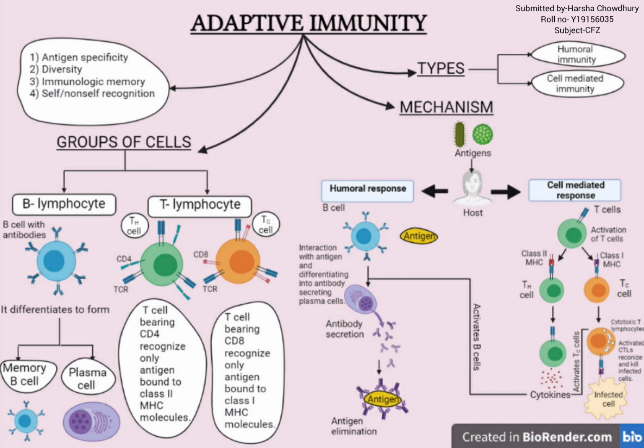On the other hand, the plasma cells produce a large number of antibodies which are released free into the circulatory system. Now these antibodies will encounter antigens and bind with them and thus kill them. And in cell-mediated response, the activated CTLs recognize and kill the infected cells. Thus, this is how the entire mechanism of adaptive immunity works.